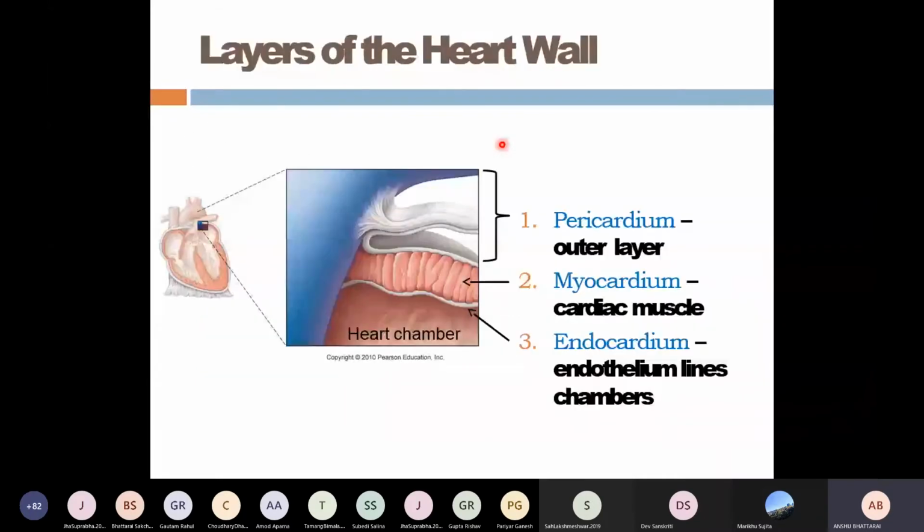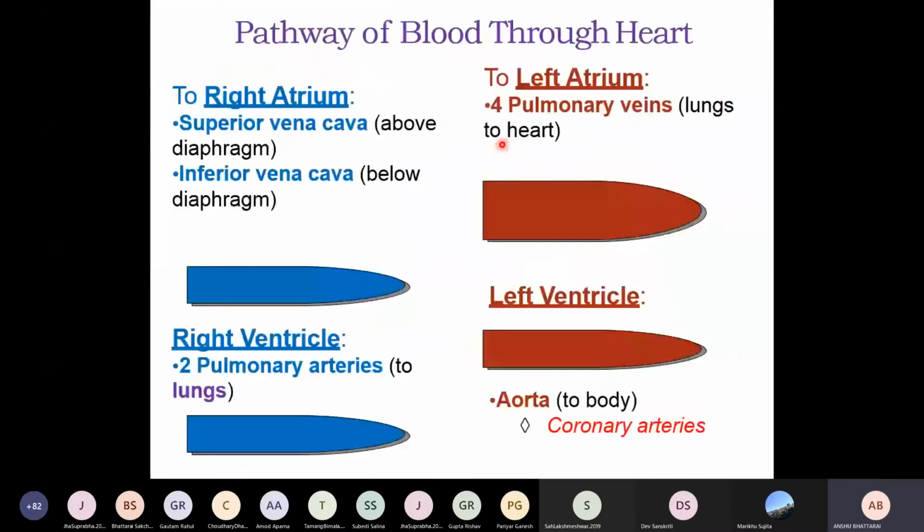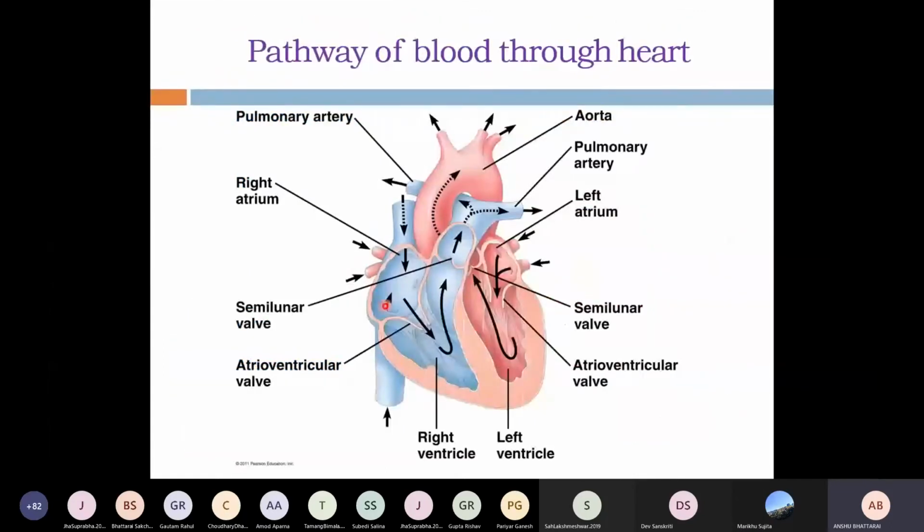Let me just show you that picture once more. So here you see the presence of this atrioventricular valve. This is the mitral valve. This is the tricuspid valve. This is not shown clearly; it is actually shown in an open state.